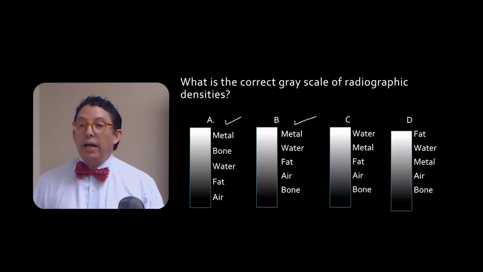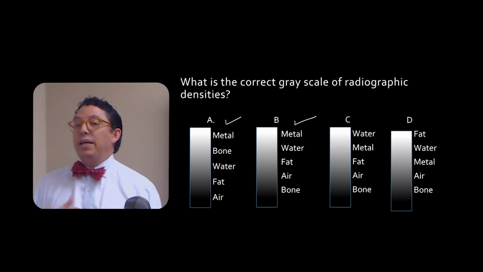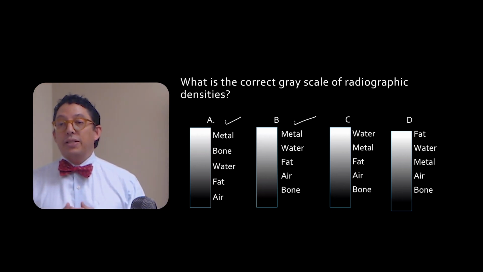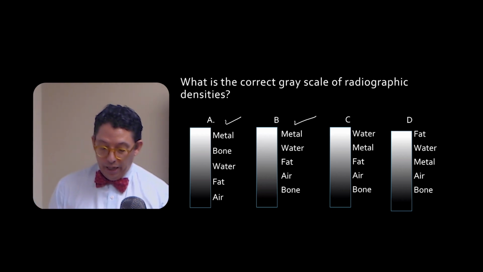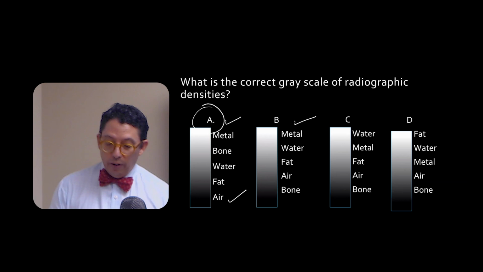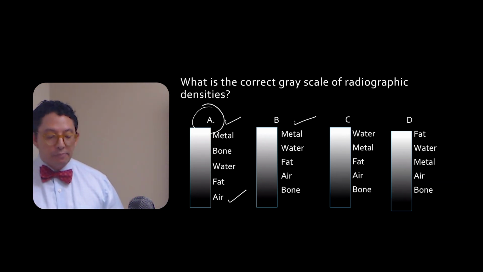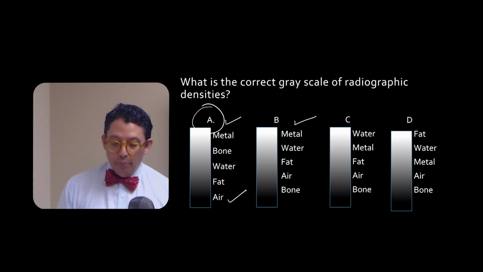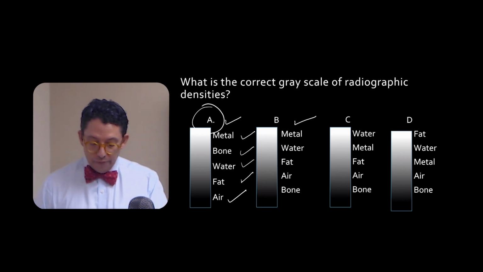And then you go and see what is the molecular structure that allows X-rays to cross the easiest, which is going to be seen as the most hypodense or radiolucent, and it's going to be air, making A your answer. So when you see that, that's an easy one. And that's the order, right? Metal, bone, water, and then you would have fat, and finally air being the easiest for the X-rays to cross.